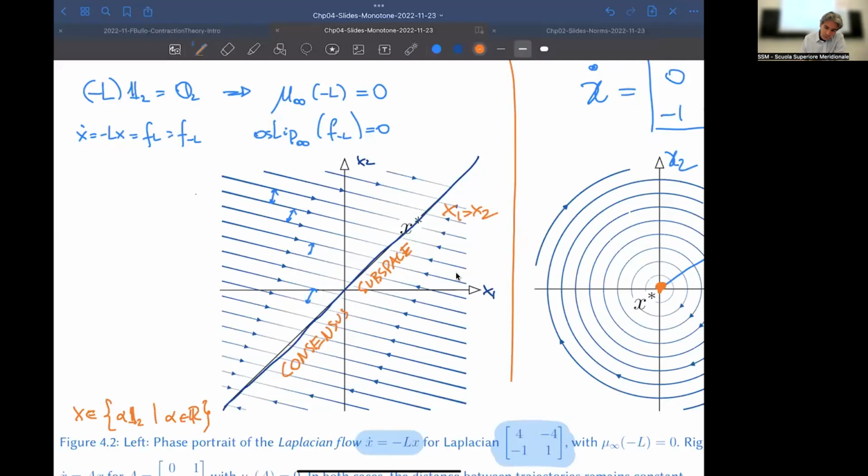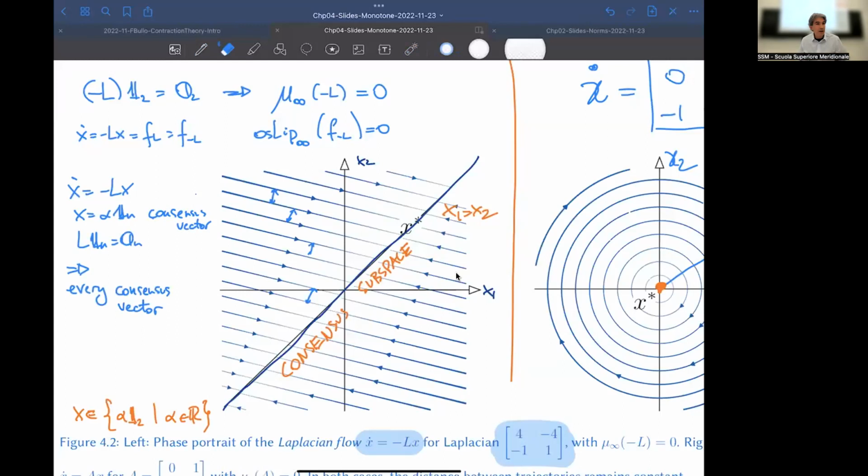Obviously, if I have x dot equal to minus Lx, and I take x equal to alpha 1n, and I know that L1n is 0, then every consensus vector, every vector of the form alpha 1n, is an equilibrium because the vector field vanishes at that point, as this plot also shows you.